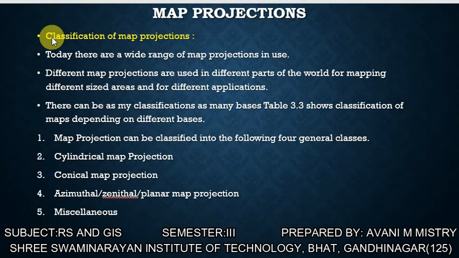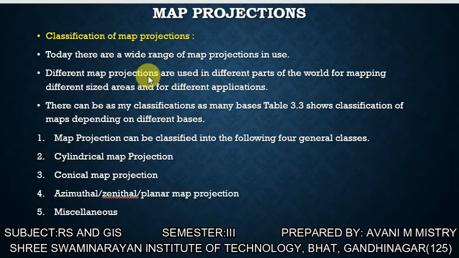Map projection. Classification of map projections: there is a wide range of map projections in use. Different map projections are used in different parts of the world, for mapping different sized areas, and for different applications.